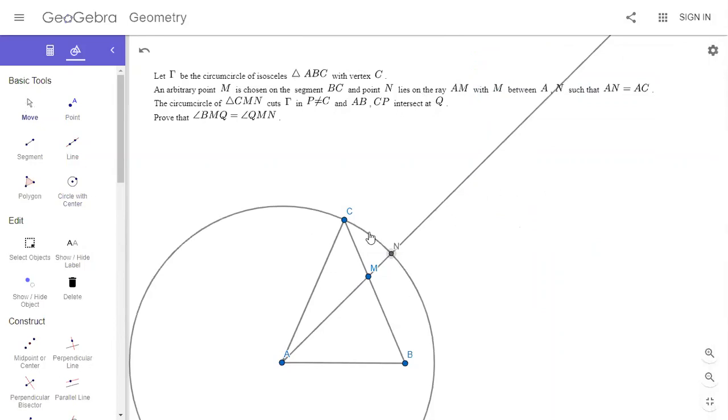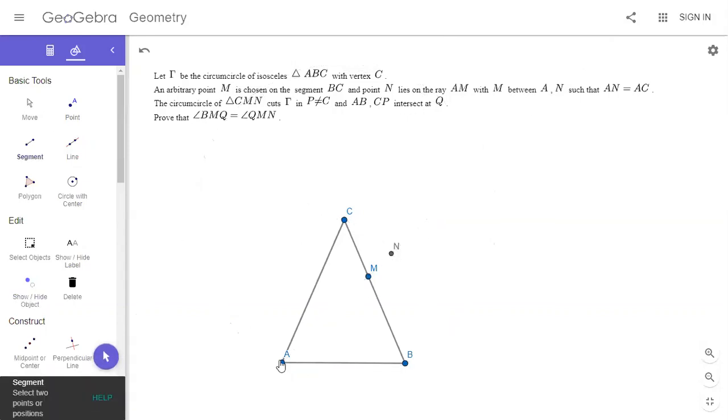And then we draw the circumcircle of CMN. Am I missing something here? AN is equal to AC.